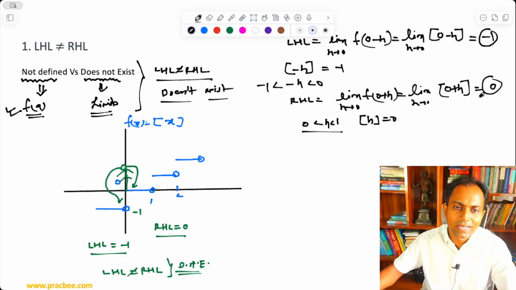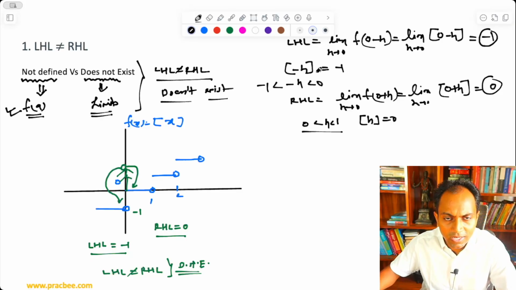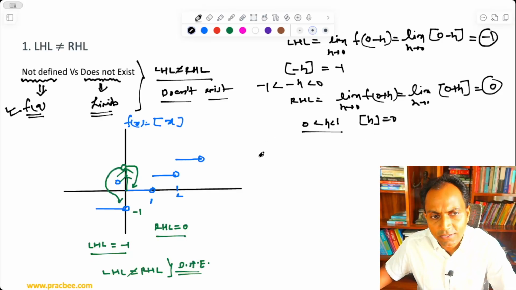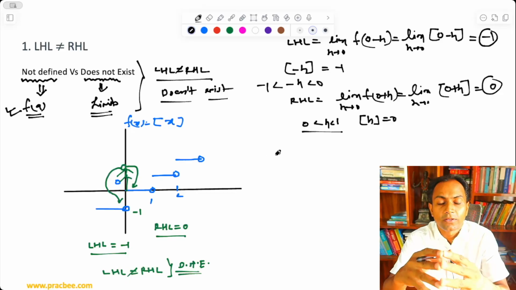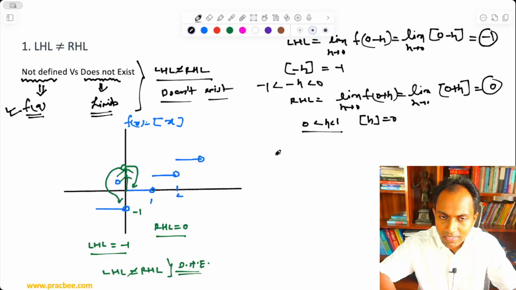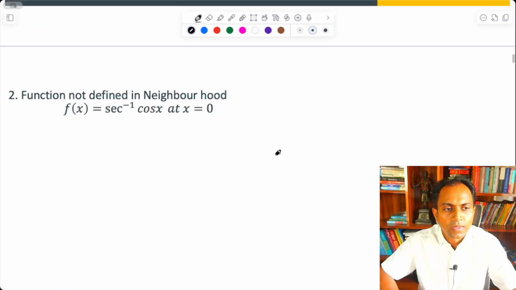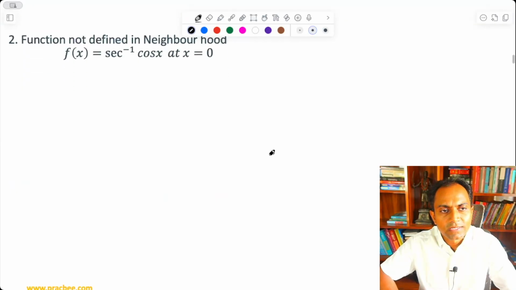And this is exactly the same thing that we got from the graph as well. So again, you can understand that LHL is not equal to RHL, so limit does not exist. This is a very important idea. I am taking multiple scenarios just to make you understand how to apply LHL, RHL, and ultimately we will go into JEE questions also.